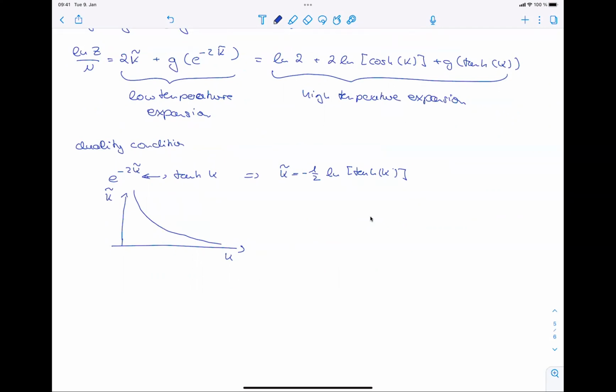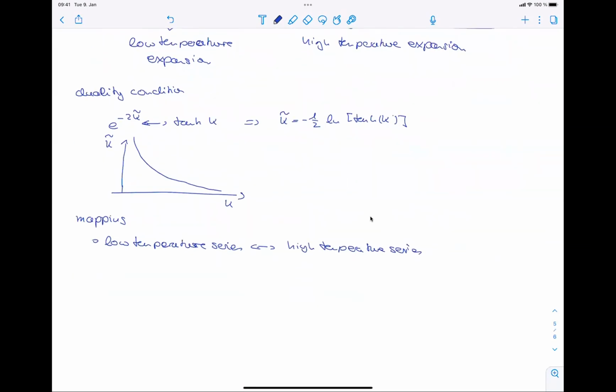K here describing the high temperature expansion and K tilde the low temperature expansion. And this mapping now really allows me to entirely map the low temperature series onto the high temperature series.